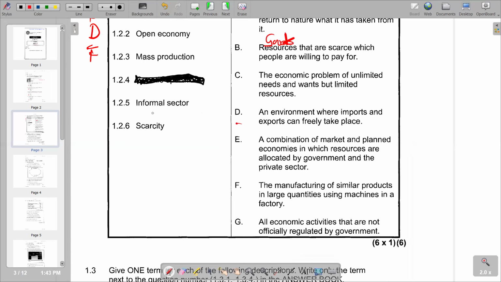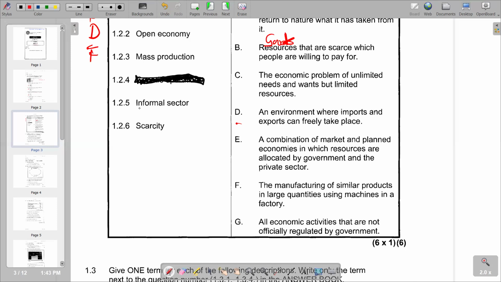Then we go to 1.2.5, saying informal sector. Obviously, the informal sector is that sector that is not regulated. We have, for example, the vendors that we see in the street selling vegetables, etc. Those constitute the informal sector.